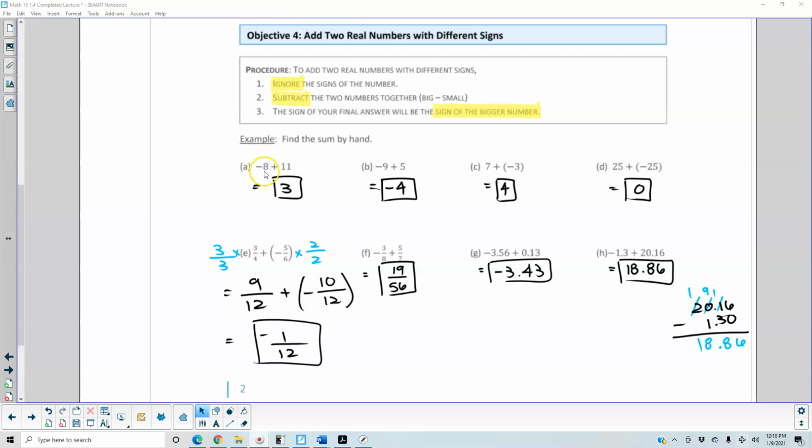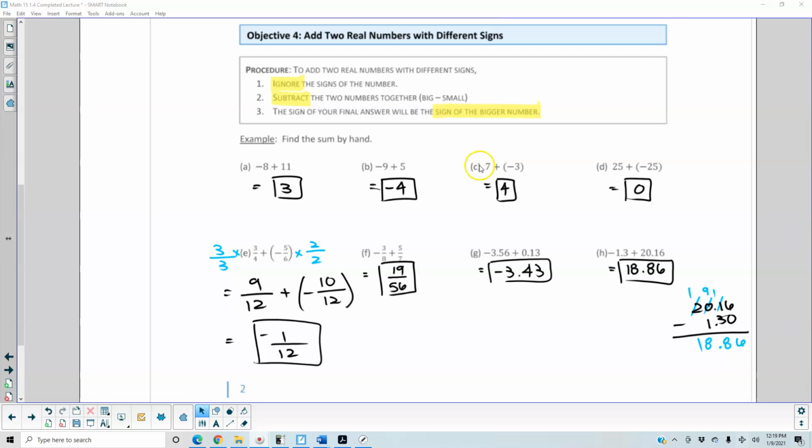So in part A, we have -8 plus 11. They're opposite signs. So 11 minus 8 is 3. And the bigger number is 11, so therefore it's a +3. Part B, -9 plus 5. Subtract 9 minus 5, which is 4, but you have more negatives than you have positives, so therefore it's -4.